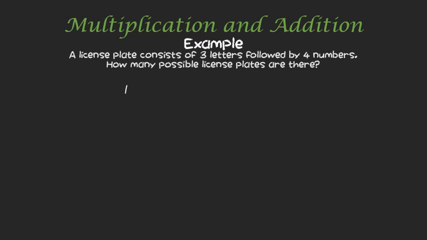So we have something that looks like this: 1, 2, 3, 1, 2, 3, 4. For each one of these, I can put a letter, A through Z, A through Z, A through Z, and then in each one of these, I'll put a digit, 0 through 9, 0 through 9, 0 through 9, 0 through 9.